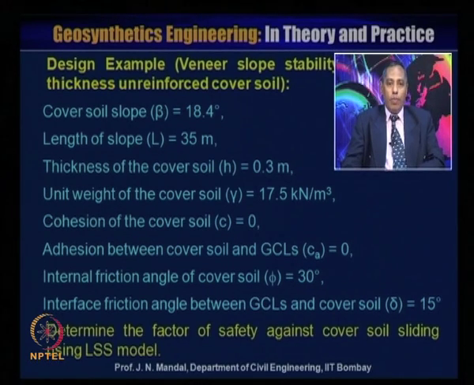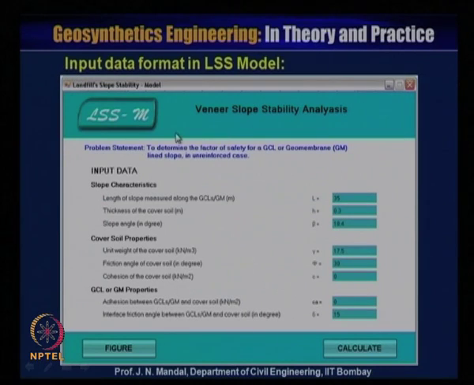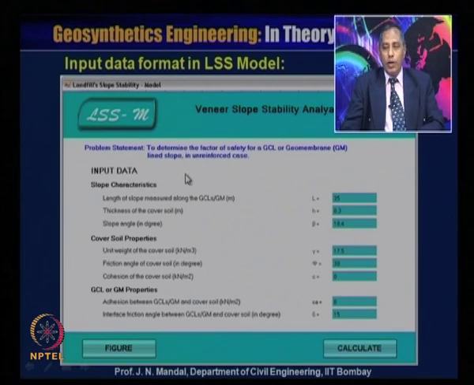landfill slope stability model. So, here is the input data format in the LSS model. This is landfill slope stability analysis. The problem statement: determine the factor of safety for a geosynthetic clay liner or geomembrane liner slope in the unreinforced case. So, as input data, you have to put in the slope characteristics.